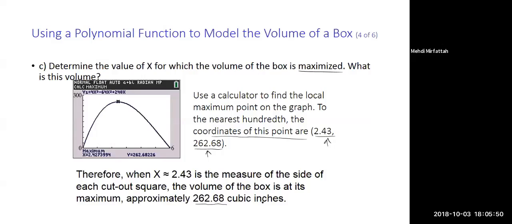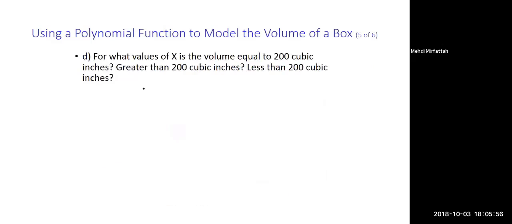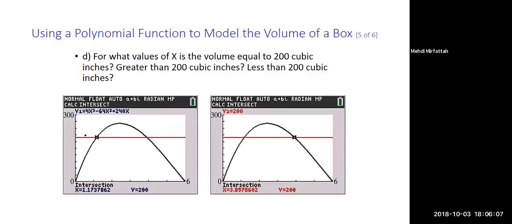262.68 cubic inches. Here it says, for what value of x is the volume equal to 200 cubic inches, greater than 200 cubic inches, or less than. Again, you can see the points of intersection for your graph and y equals 200.